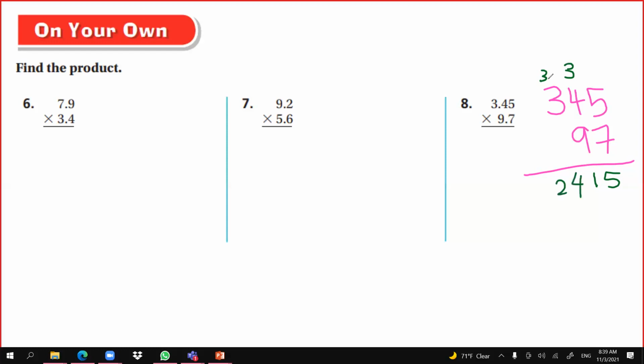Sarah. Yes, Sarah. Now we multiplied by 7. We said 7 times 3 is 21 plus 3, 24. Now you're going to multiply by 9 now. What do you have to add first? 0. Bravo. Then next, 9 times 5. 45.